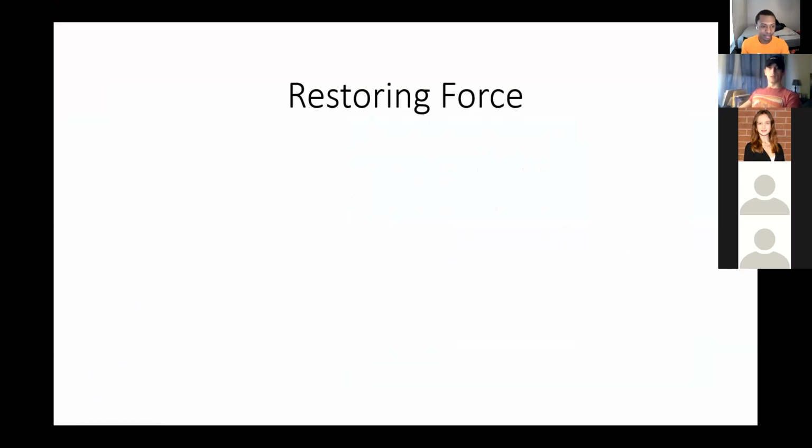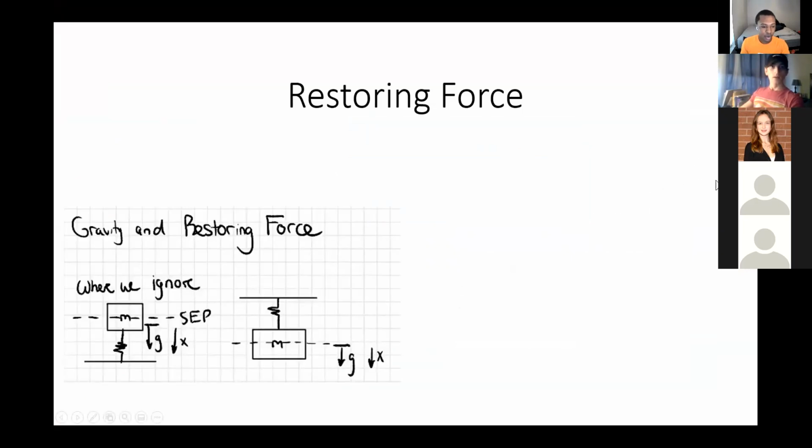So quickly, one more time for everybody who missed it, we have restoring force. Gravity takes you away from the static equilibrium position. It does not return you back, so we'll ignore it, and in any case where that happens, we'll ignore it.